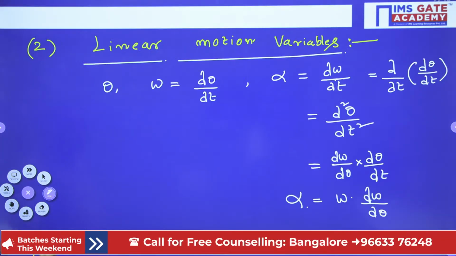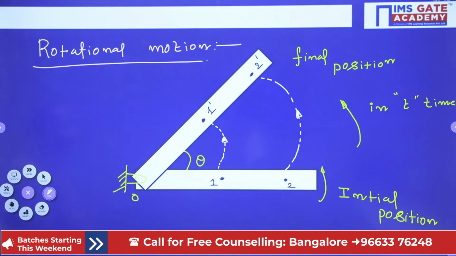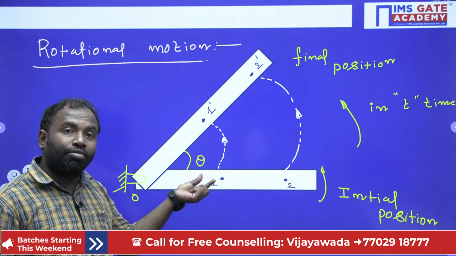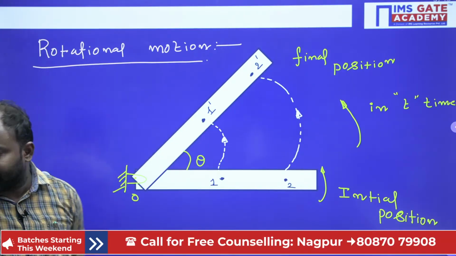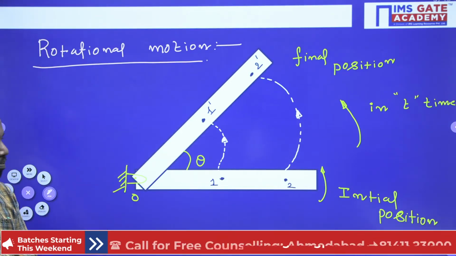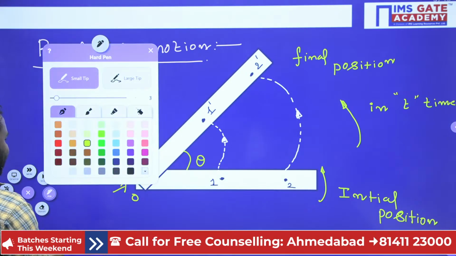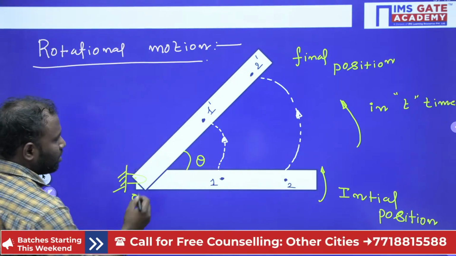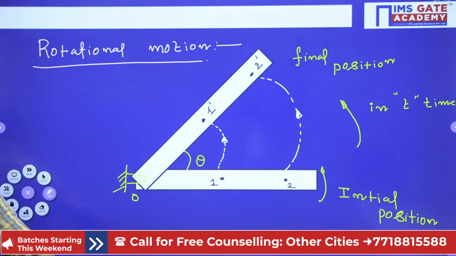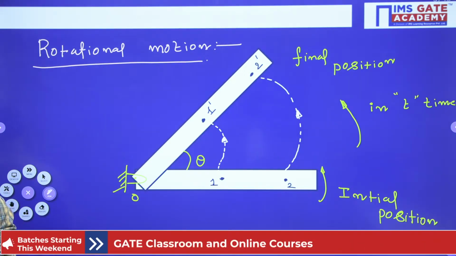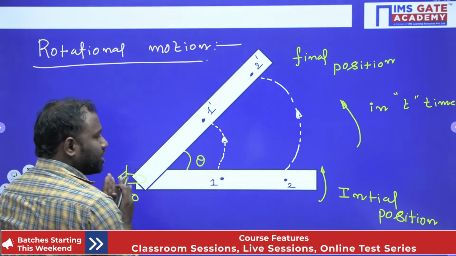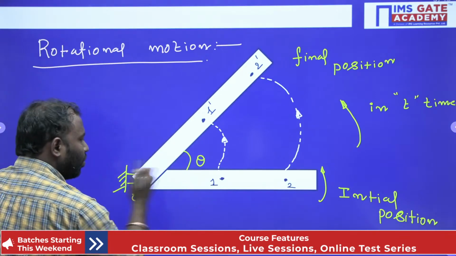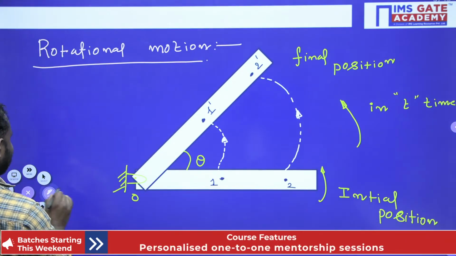Suppose we go for this body. What is the linear displacement of particle 1? I have highlighted it in yellow.